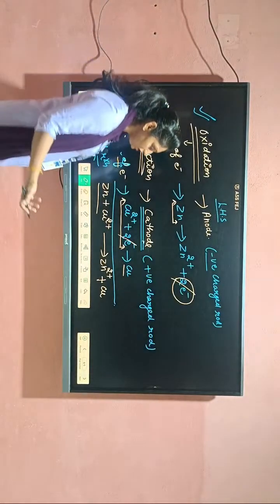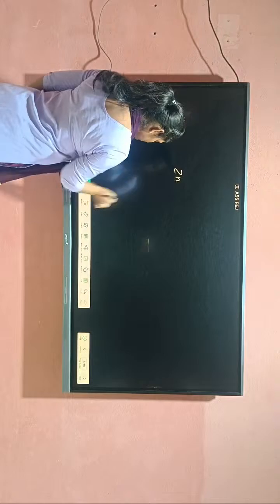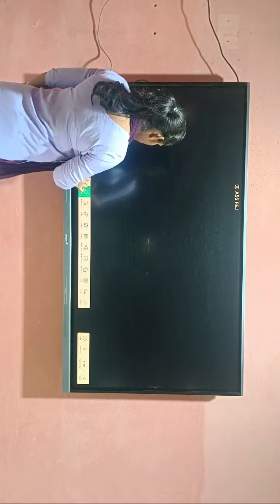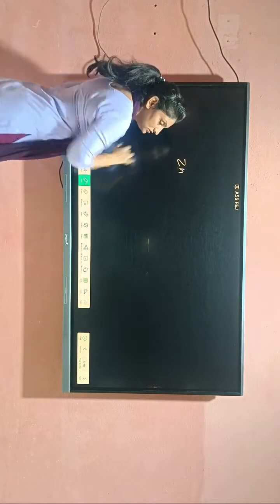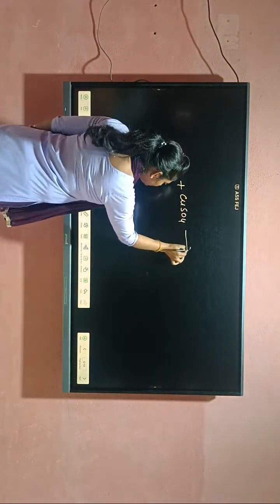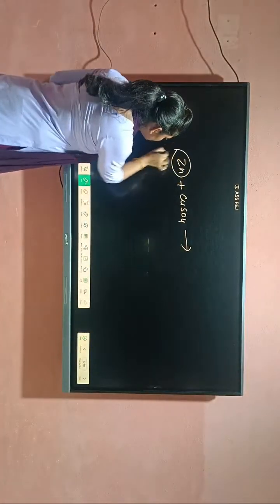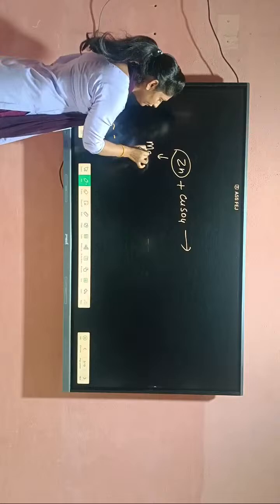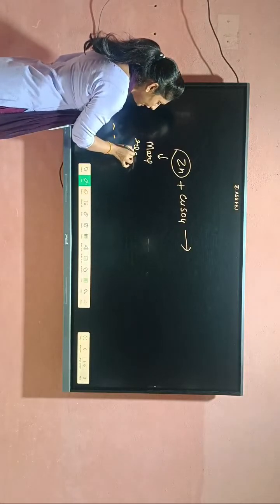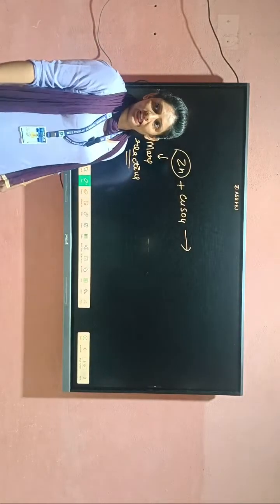And students, generally you know very well, we are having zinc plus CuSO4. Reaction is taking place between them. Then what will happen? This zinc is more reactive, and the more reactive can replace the less reactive.